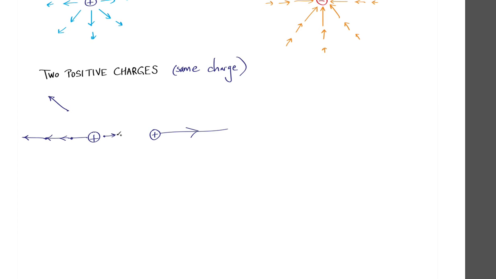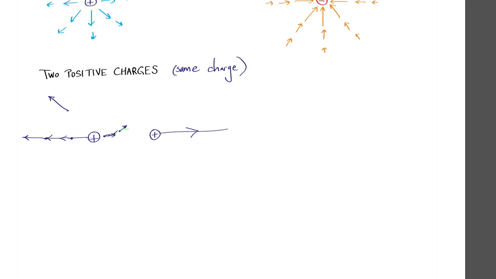So what you can kind of see is that, if I now picked a point over here, this charge would point out this way. That would point out this way a little bit. It would point out sort of like that.